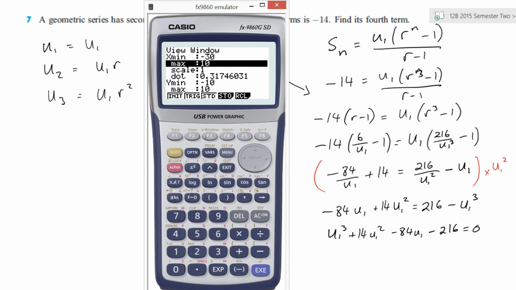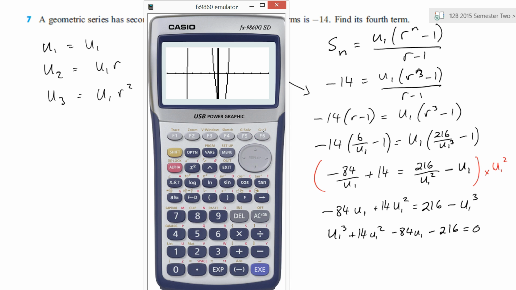Negative 30 to 30. Scale doesn't really matter. And y values, if I'm cubing, are going to get pretty big. So let's go negative 200 to 200. That's probably not going to be anywhere near big enough, but we'll have a look anyway. 30 squared is going to be much bigger than that. But that's good enough. We can see the shape now, so that'll do.